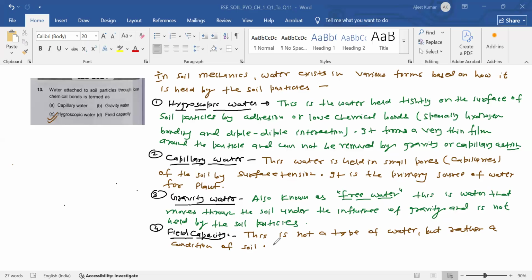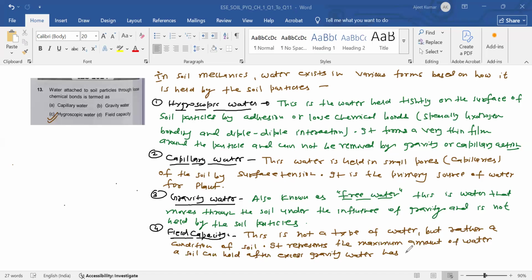It represents the maximum amount of water a soil can hold after excess gravity water has drained away.